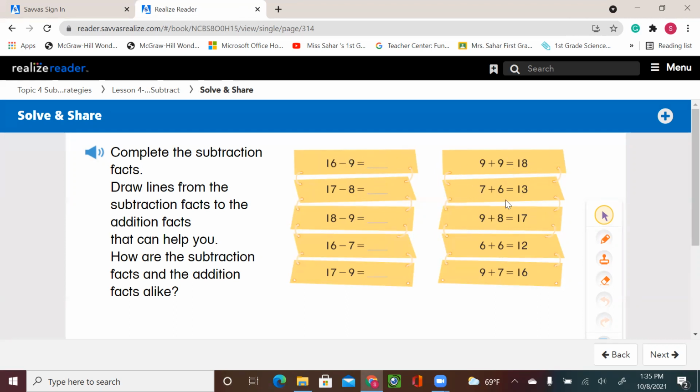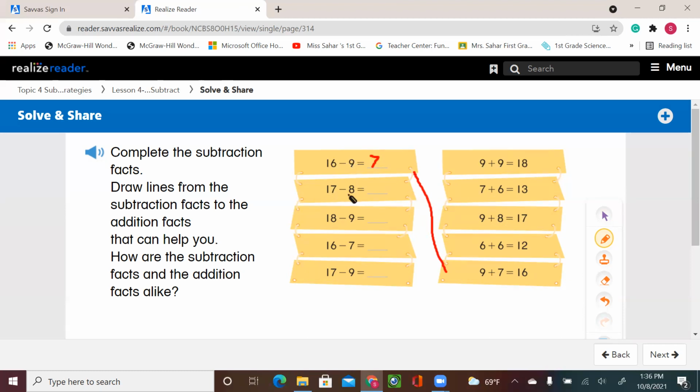So I'm looking for my sum for addition, that is 16. I see 9 plus 7. So back here, 16 take away 9 equals 7, right? So I'm drawing a line and I'm putting 7 here because this is a related fact. Thinking addition helps me to find the answer for the subtraction equation.